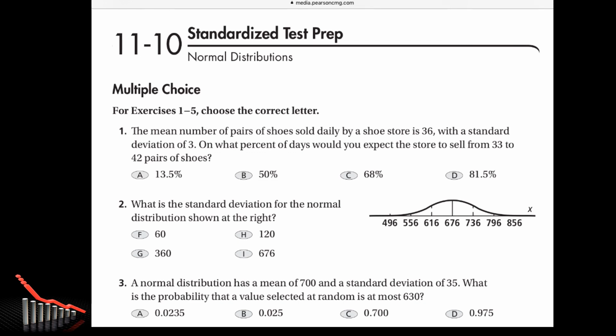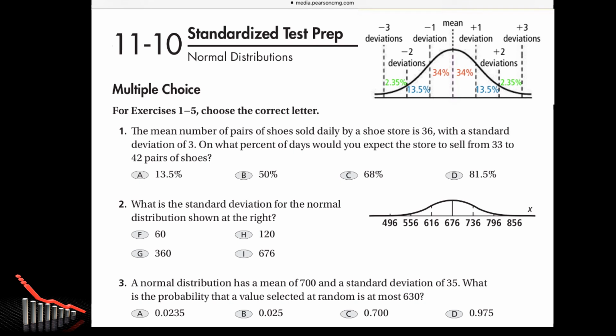All right, so what we want to do here is think about that normal distribution. We would put our mean here in the middle at 36. And then we want to find where the question lies. In other words, 33, where would that be?